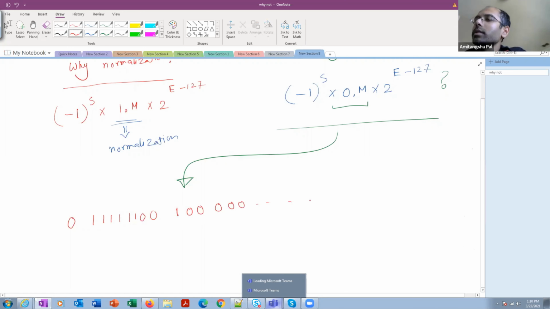This is the sign bit, this is the exponent, and this is the mantissa. And now, instead of using this formula, I'm going to use this one. And let's see what is the problem.